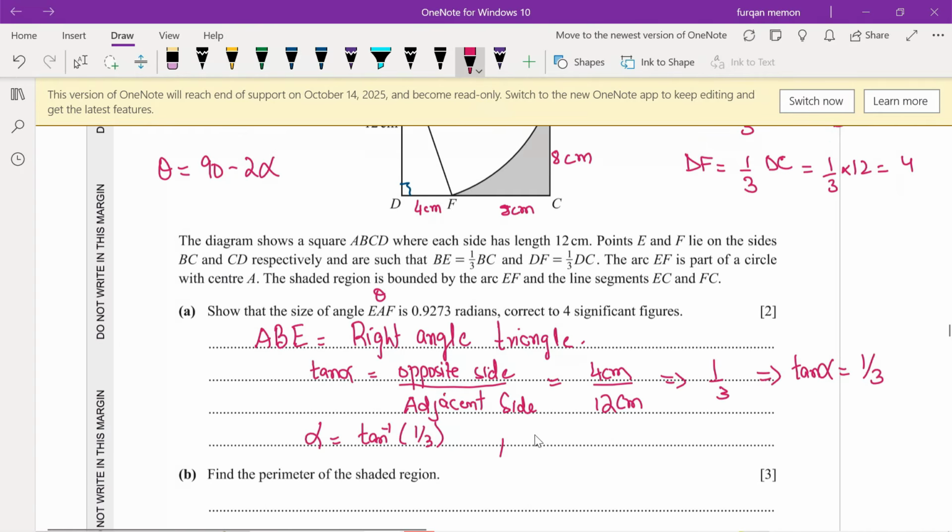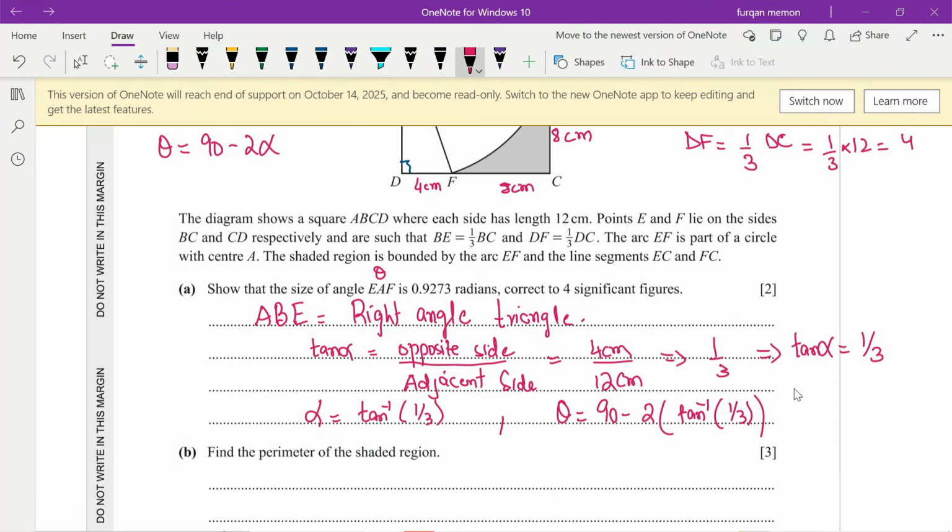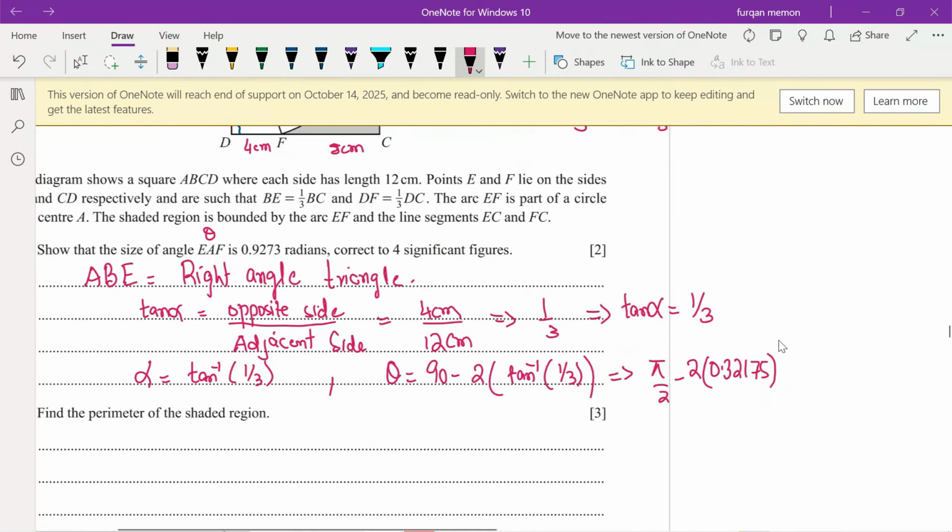When we plug this alpha value into this equation, we get theta. So theta is 90 minus 2 times tangent inverse of 1/3. So 90 degrees, we can say, is pi/2, minus 2 times 0.32175, which is pi/2 minus 0.64350.